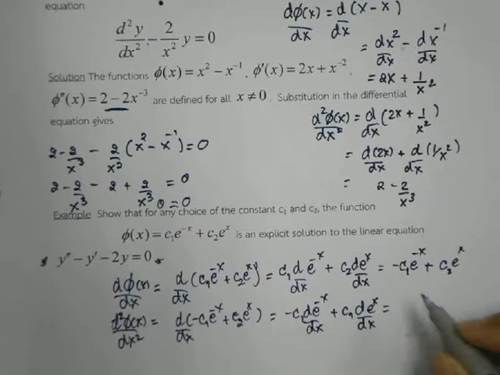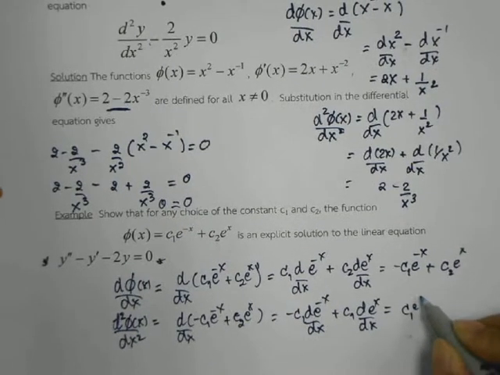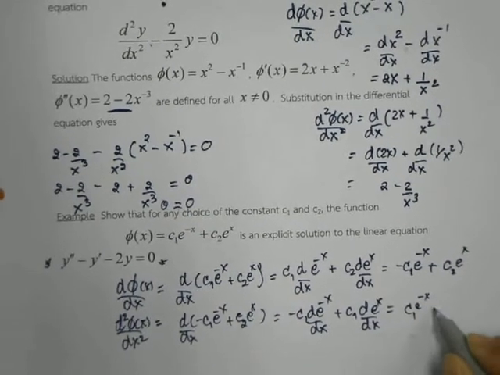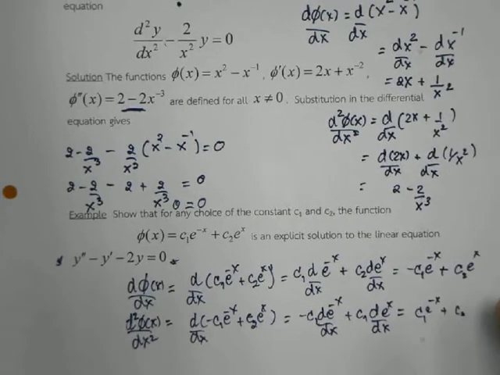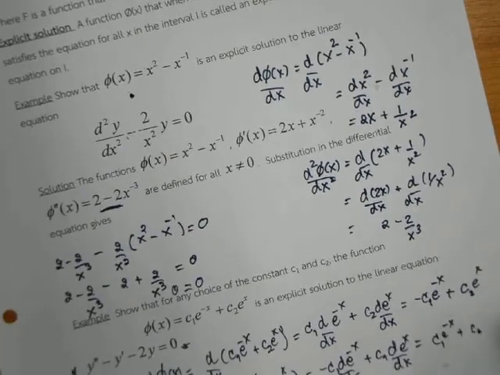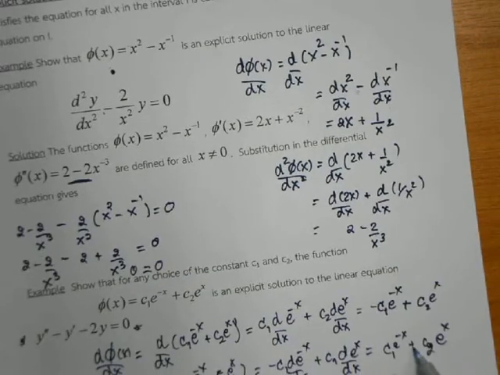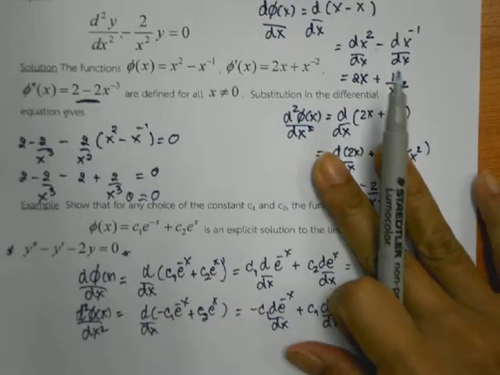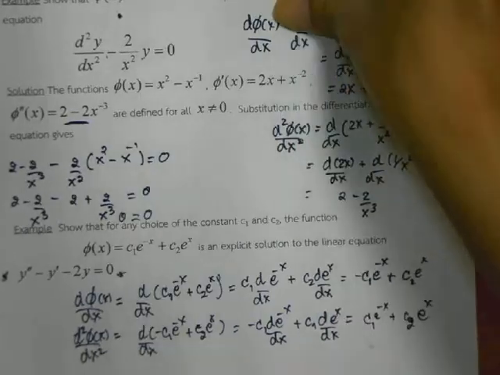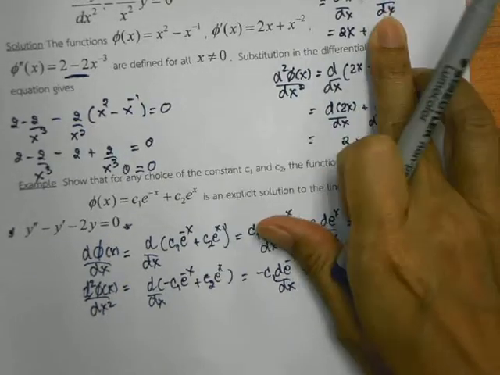So you will get c1 exponential of negative x plus c2 exponential of x, and then you plug this back into the differential equation.